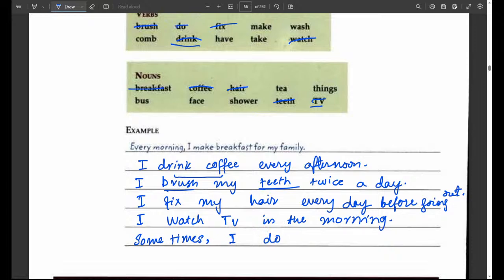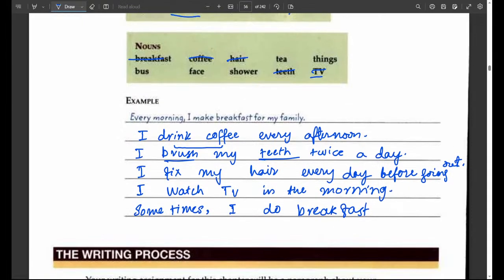Yes. Sometimes I do breakfast very early. Well, let's see. As early as 5 a.m.